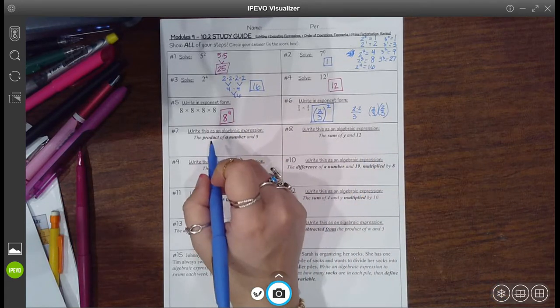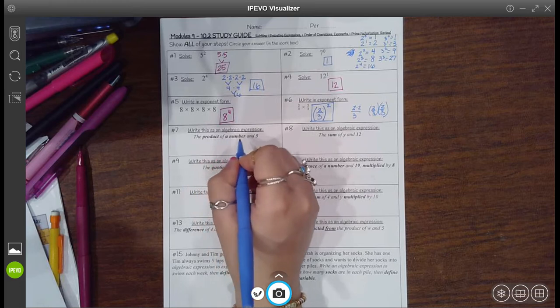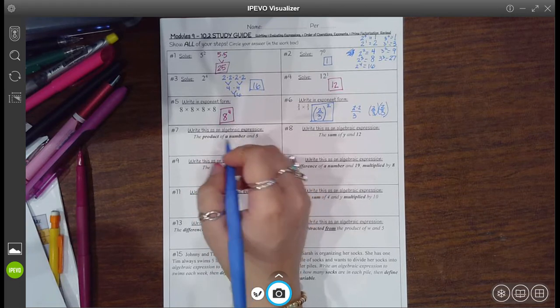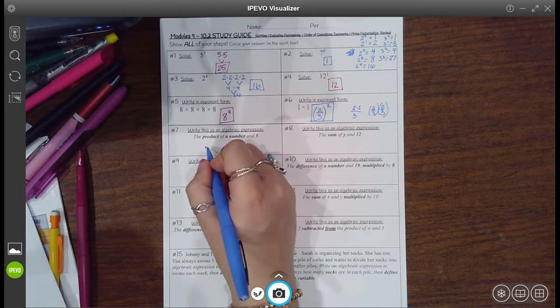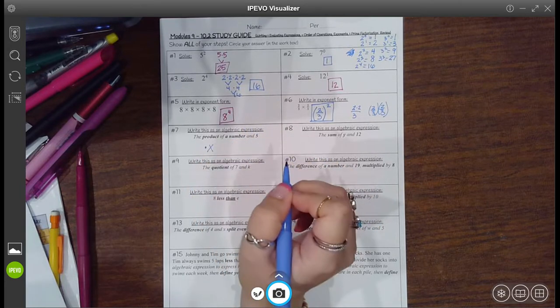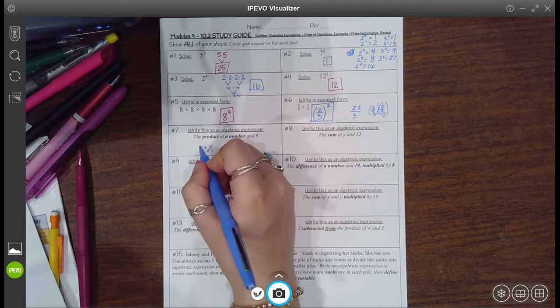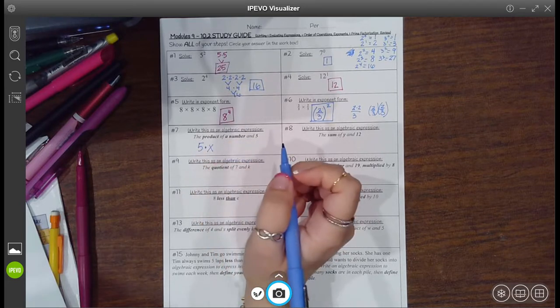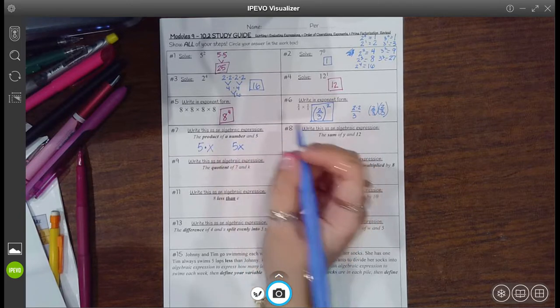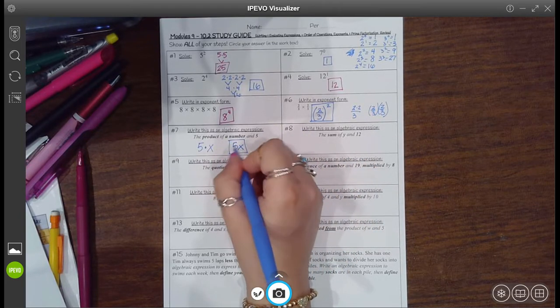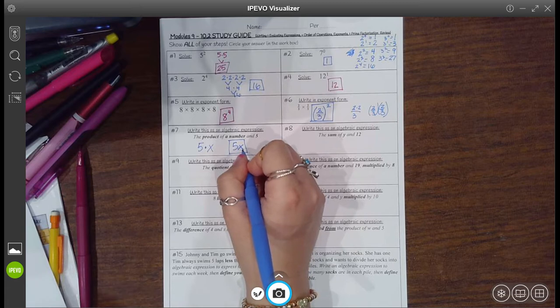This one is saying the product of a number and 5. So product means multiply, right? And a number, we don't know what that number represents, so we could use any letter to represent it. I'm going to use an X and 5. That is technically acceptable. We prefer you to just delete the dot and just write 5x. We like the number in front of the variable.